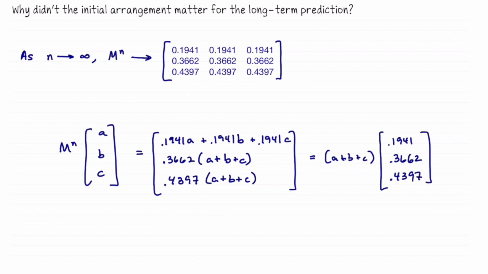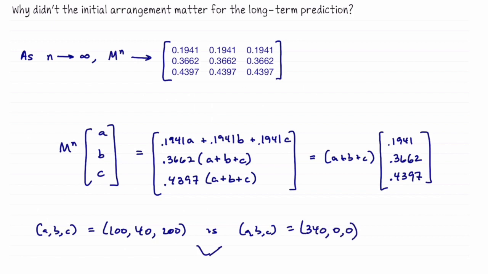So when we looked at the configurations, A, B, C was, I believe, 100, 40, and 200 versus A, B, C was 340, 0, 0. Regardless of what those coordinates are, the sum, A plus B plus C, is 340 for both of them.